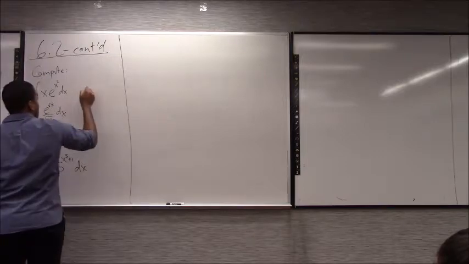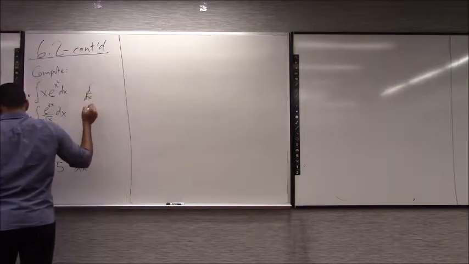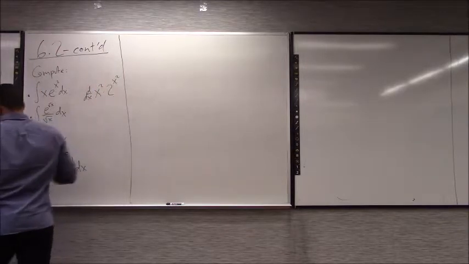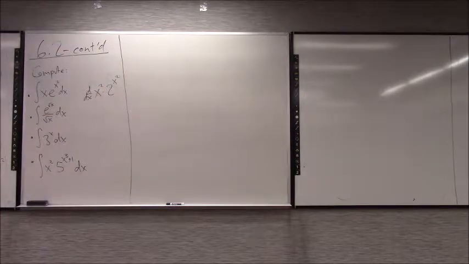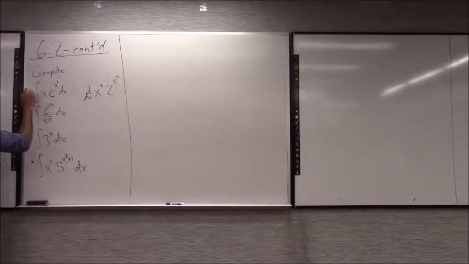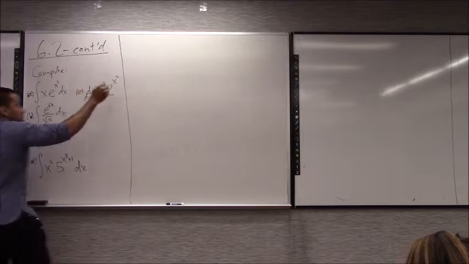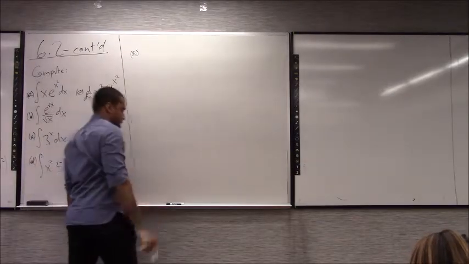Okay, I don't think I gave you this, but let's just actually do this one. Let's relabel this, I know it wasn't like A, B, C, D. Okay, A, what do we do?